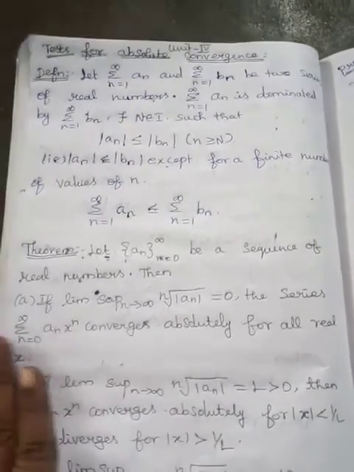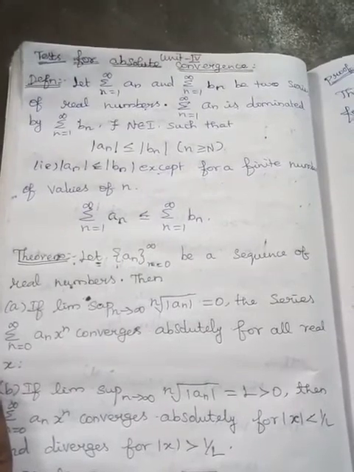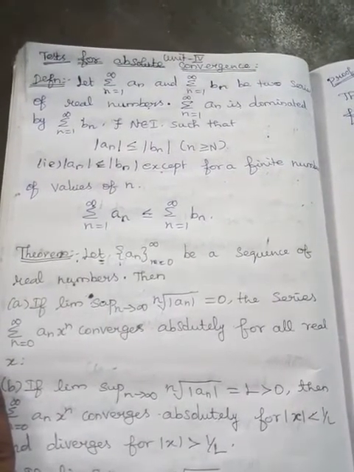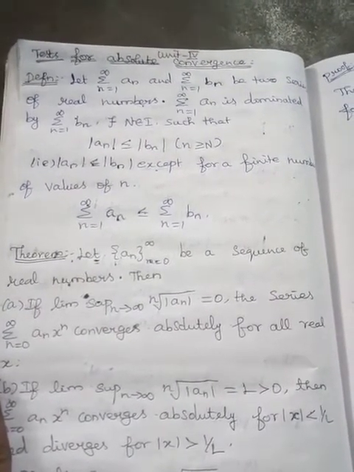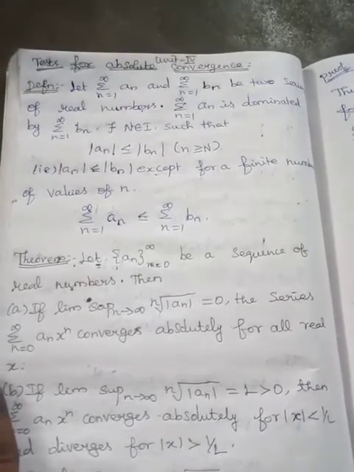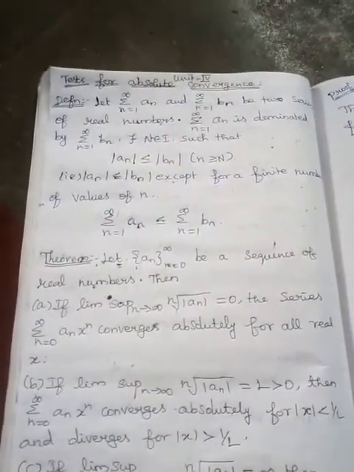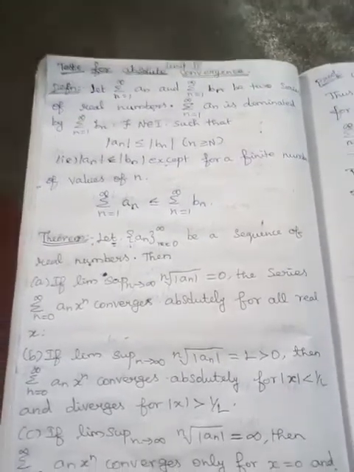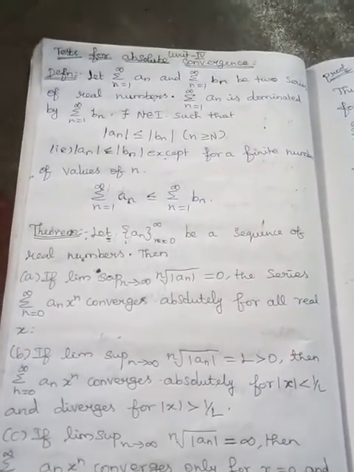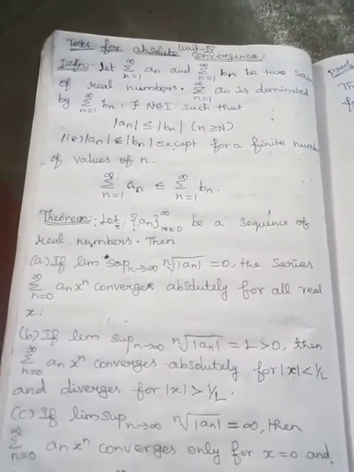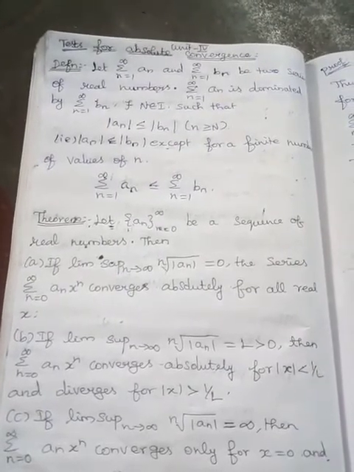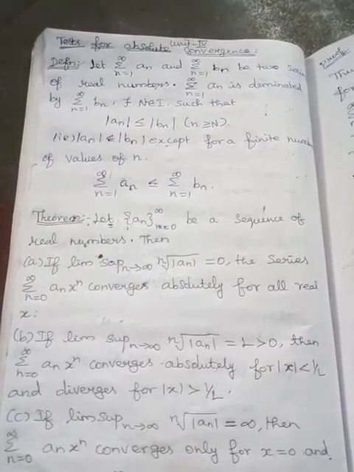Summation an is dominated by summation bn if there exists n belongs to N such that modulus of an is less than or equal to modulus of bn for n greater than or equal to capital N. That is, modulus of an is less than or equal to modulus of bn except for a finite number of values of small n. Summation an is less than or equal to summation bn.